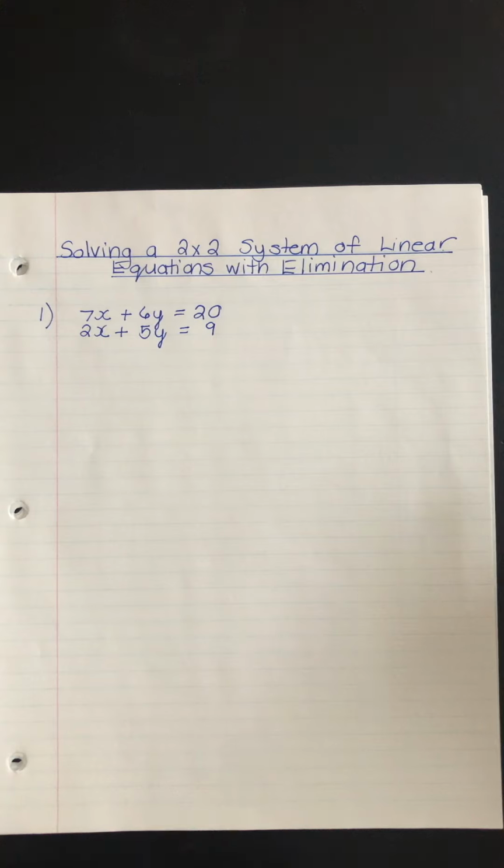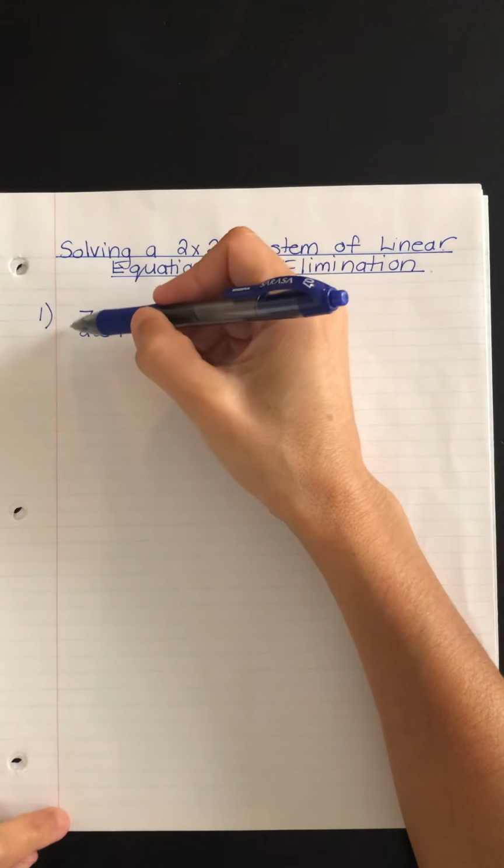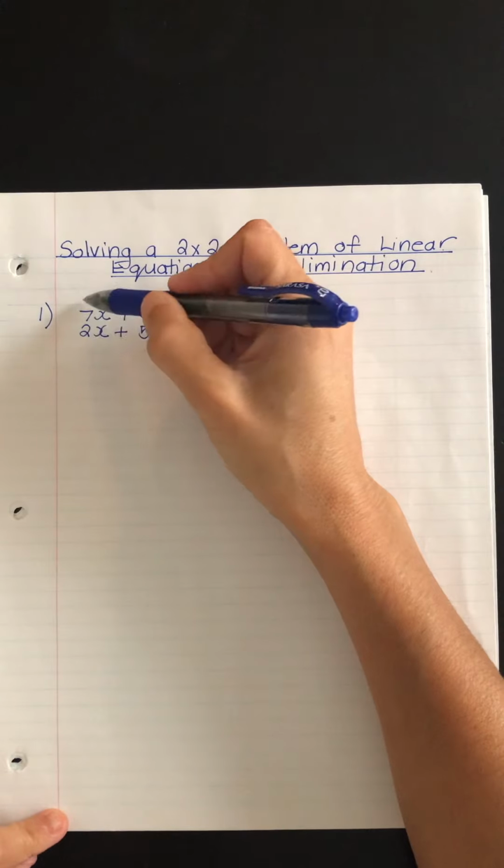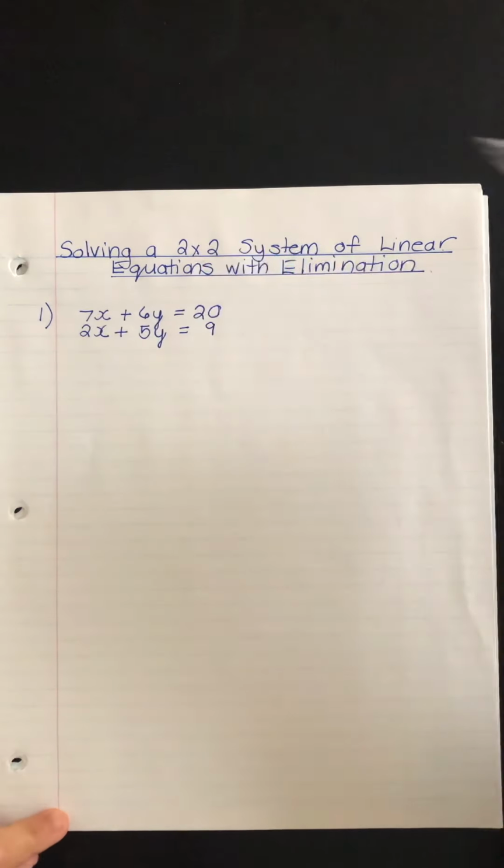So to begin this method, you choose one of those variables and you multiply the equations by numbers such that these coefficients will become equal and with opposite signs.